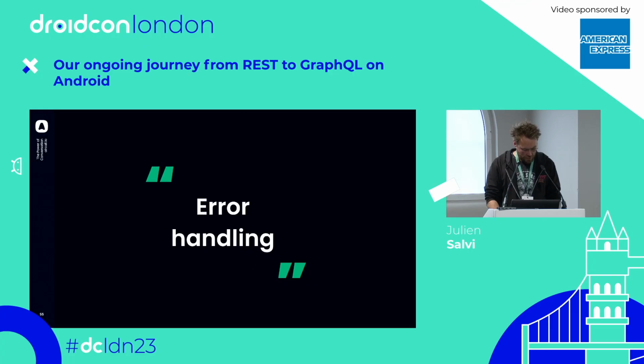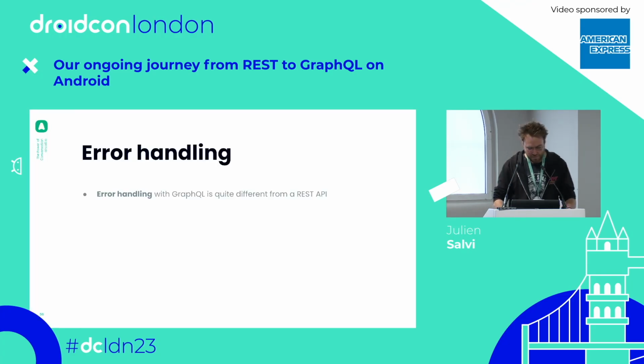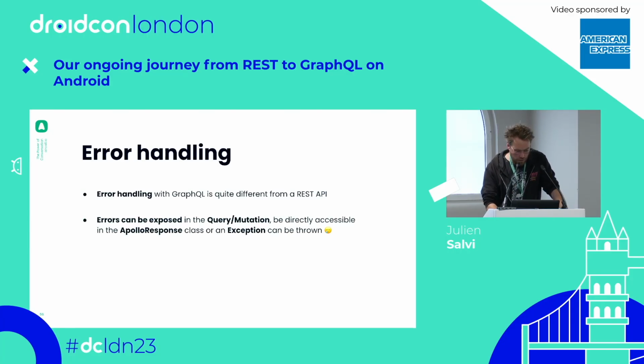Another thing that is quite difficult, not difficult, but a bit of a brainer here, is error handling. Error handling with GraphQL is quite different from the REST API. Errors can be exposed in multiple ways.